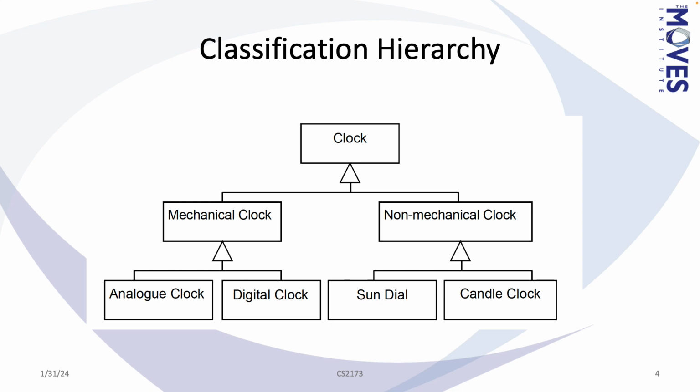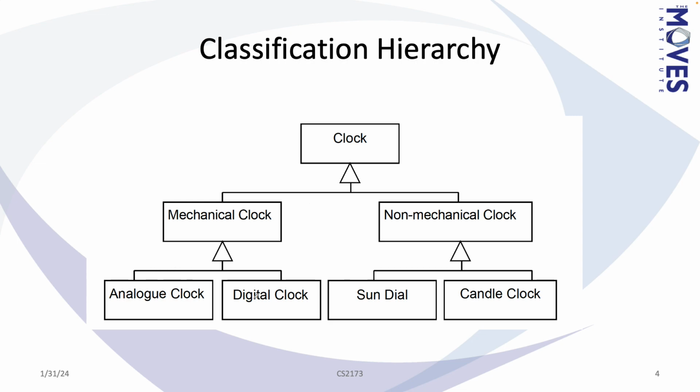But one way of looking at this in an abstract way is that we have a hierarchy. So here's the concept of a clock. And what is a clock? A clock is something that's going to tell us what time it is. One way, not the only way, of saying it is that there are two ways that we can tell what time it is. One are mechanical clocks, and the other are non-mechanical clocks. What are some mechanical?